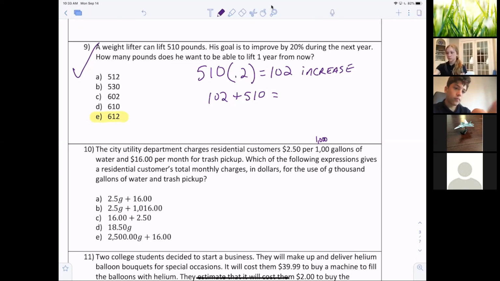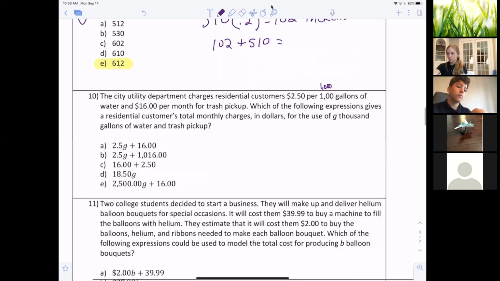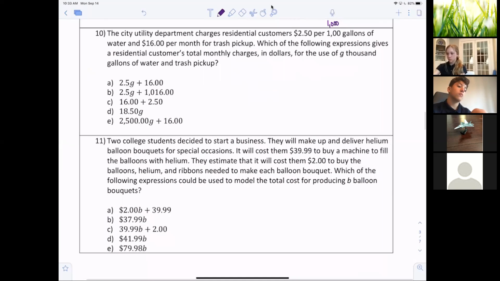Now let's take a quick look at number 10. The city utility department charges residential customers $2.50 per 1,000 gallons and $16 per month.